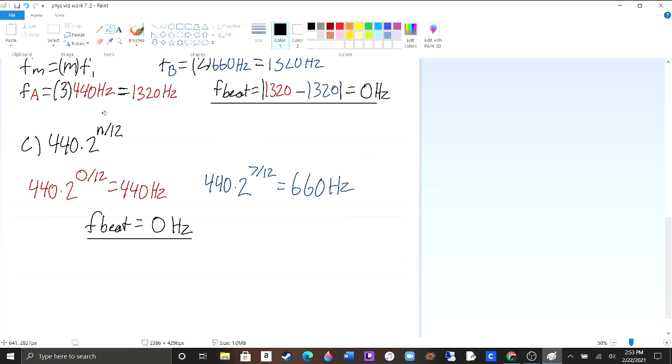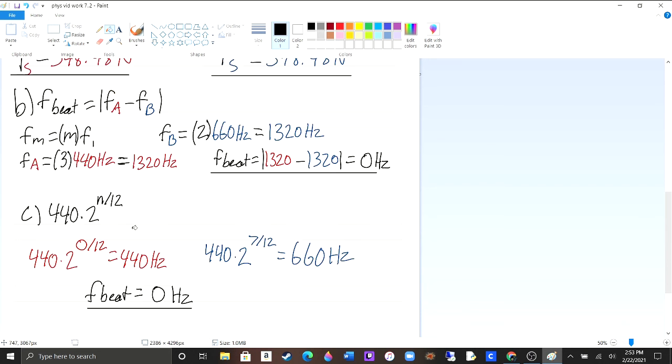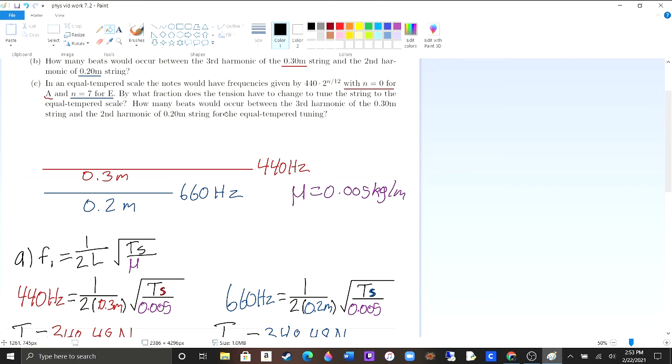So we have our equation right here. We plug in 0: the fraction up here equals 0, 2 to the 0 equals 1, and 440 times 1 equals 440 hertz. And for the other one, 440 times 2 to the 7 over 12 is 660 hertz. So again, the beat frequency is 0 hertz.